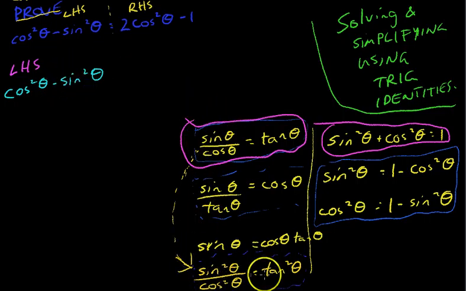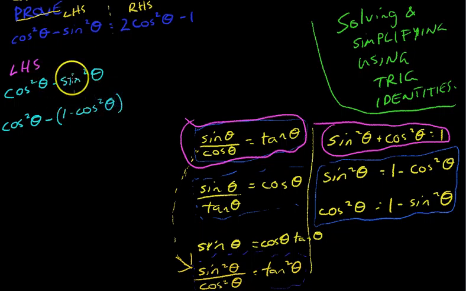Looking through my trig identities, I can see that sine squared theta is also equal to 1 minus cos squared theta. So I'm going to replace sine squared theta with 1 minus cos squared theta. Now remember, it's minus 1 minus cos squared theta. So you can see I've just replaced that with that.